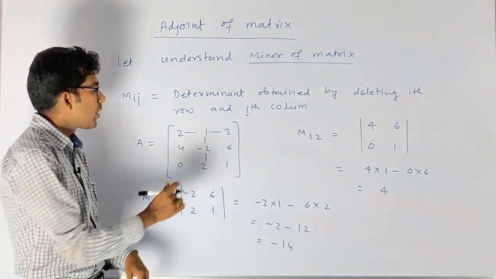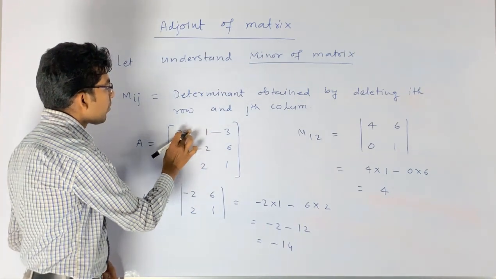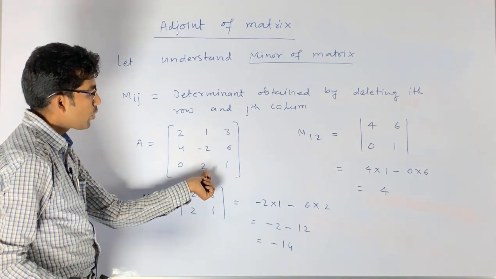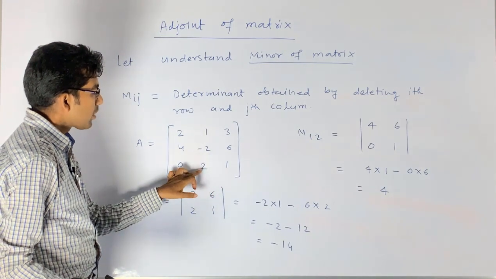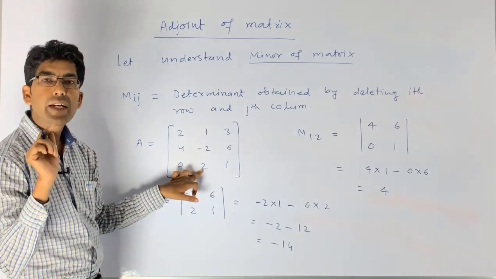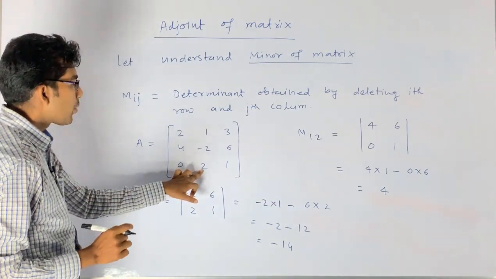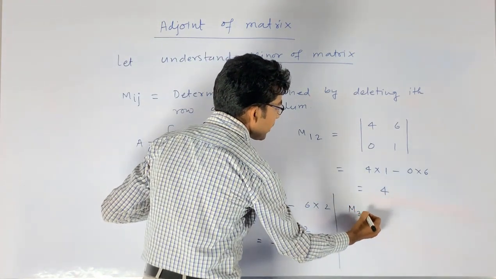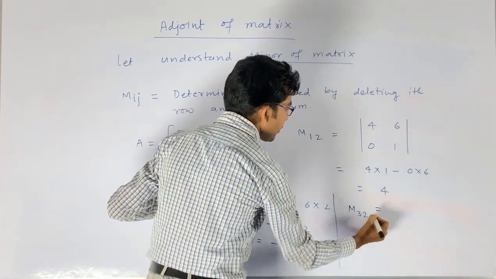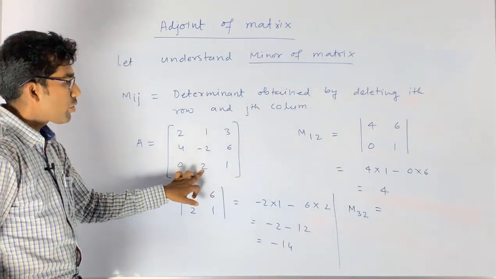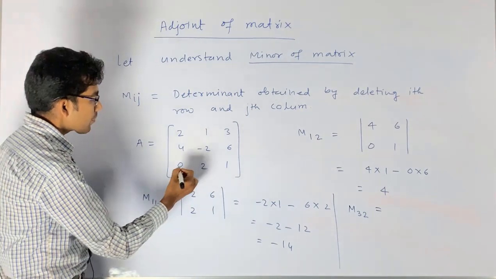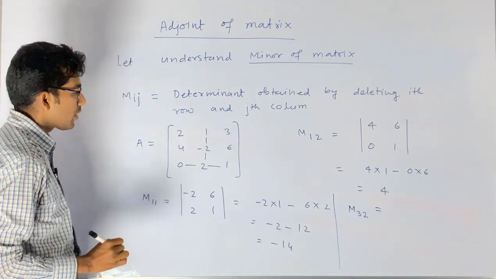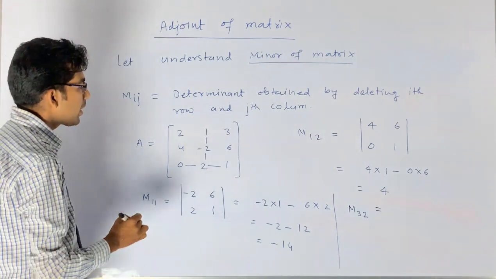If we want to calculate the minor for the element 2, this 2 is in third row and second column. So for that we write M32. For M32, we delete third row and second column.